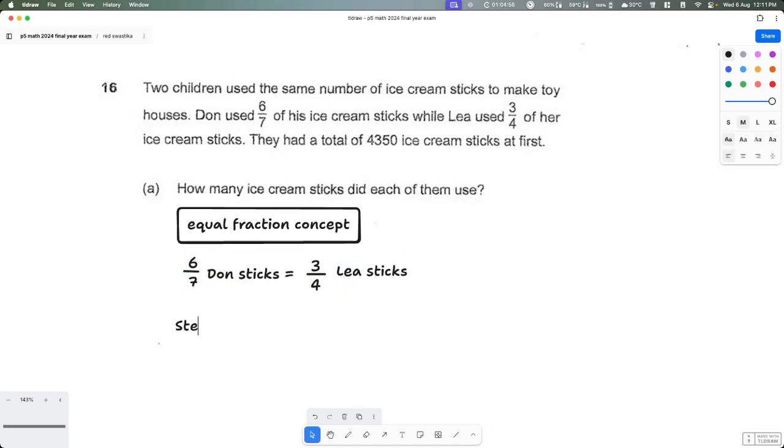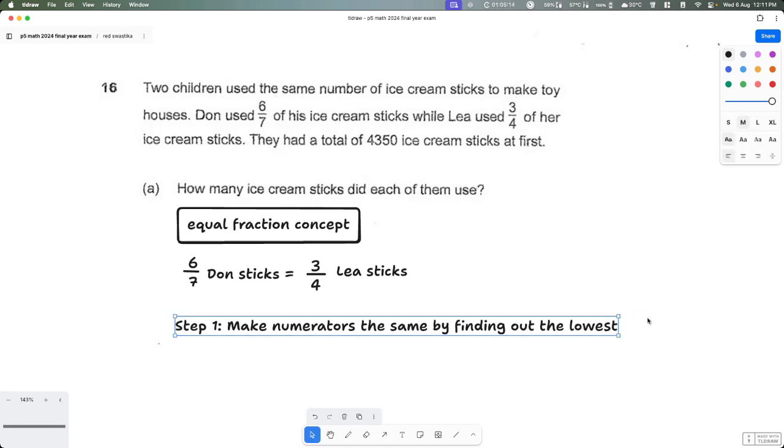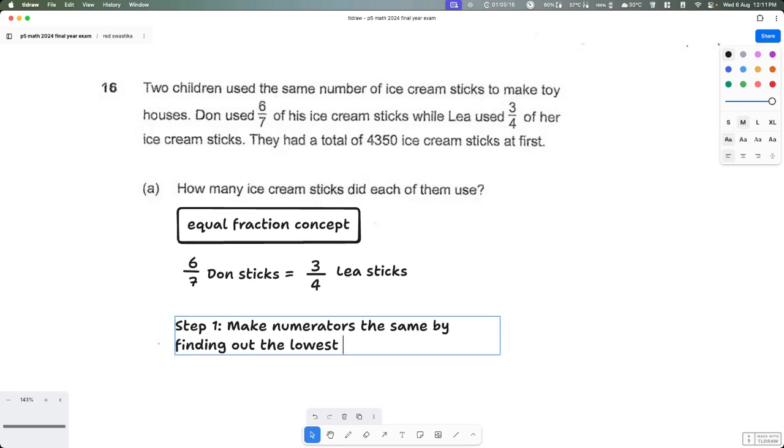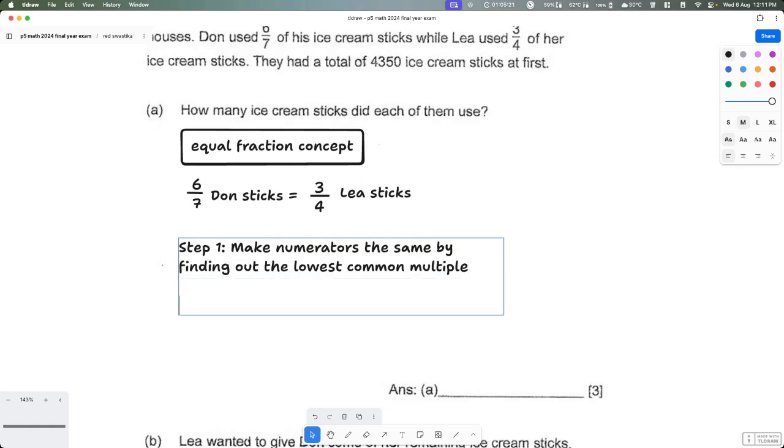So step one: make numerators the same by finding the lowest common multiple. In this case, the lowest common multiple of 6 and 3 is 6.